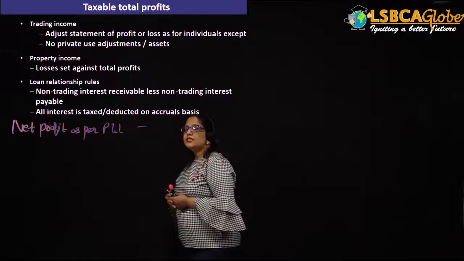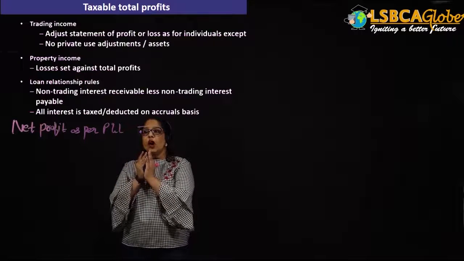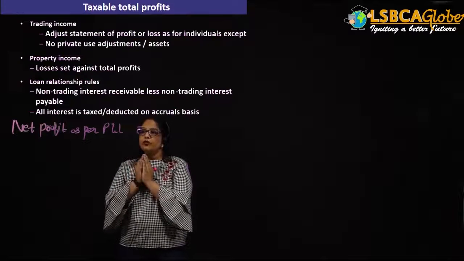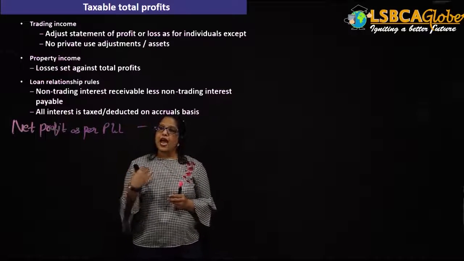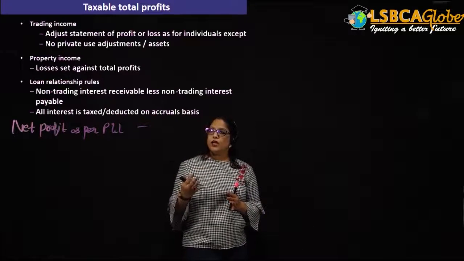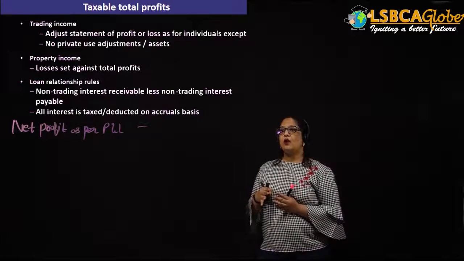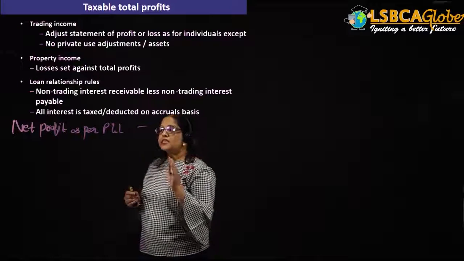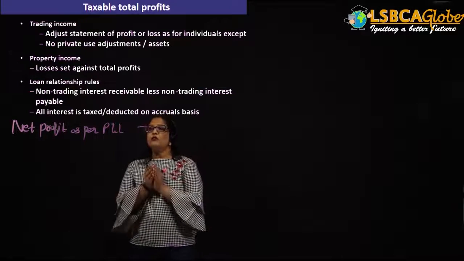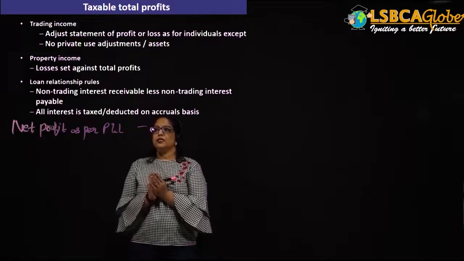Whatever the expenses are there which are allowed but which have not been deducted, deduct them. So you will add expenses which are not allowed, minus incomes which are not allowed, and minus expenses which are allowed but were forgotten to be taken.